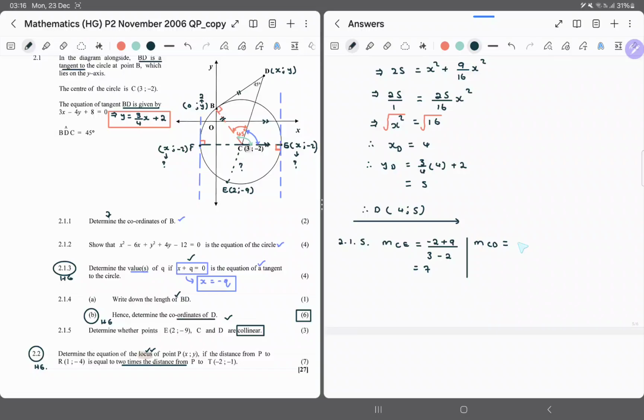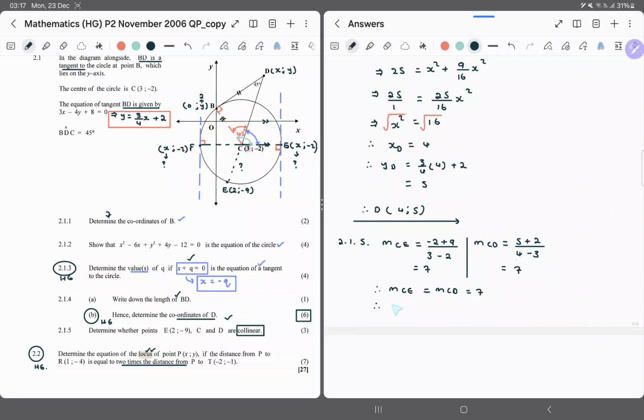So we found out that y is 5 at D minus that at C is going to be plus 2. That one was 4 minus 3. This is indeed 7. So we can say, therefore, the gradient of CE is equal to the gradient of CD, which is equal to 7.